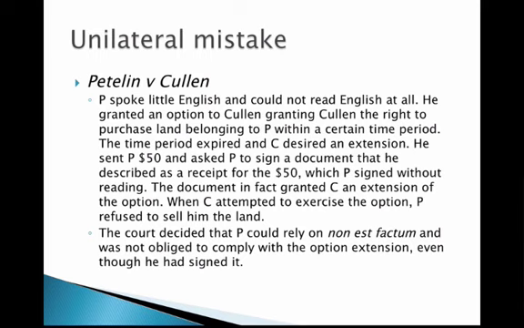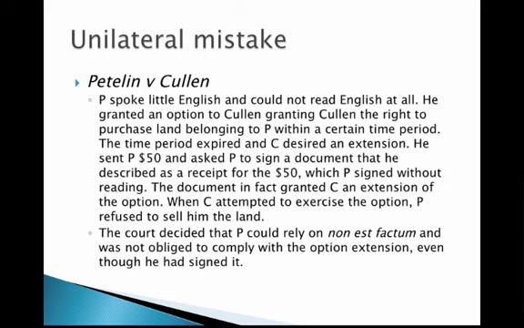Why? Look at the conditions there. He couldn't actually read it because he couldn't read English. Cullen induced him to sign the document, and there was a representation about what that document was: he said it was a receipt when it wasn't. So we have those two conditions being met, two conditions for the first part of non est factum.